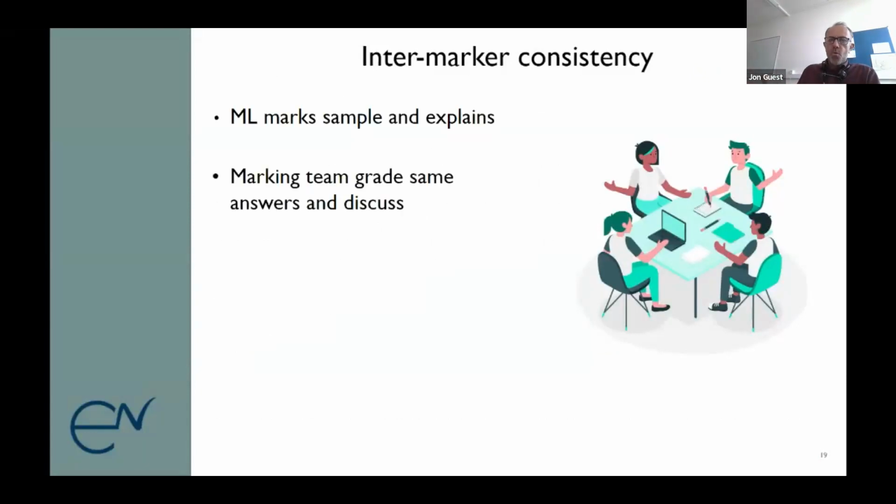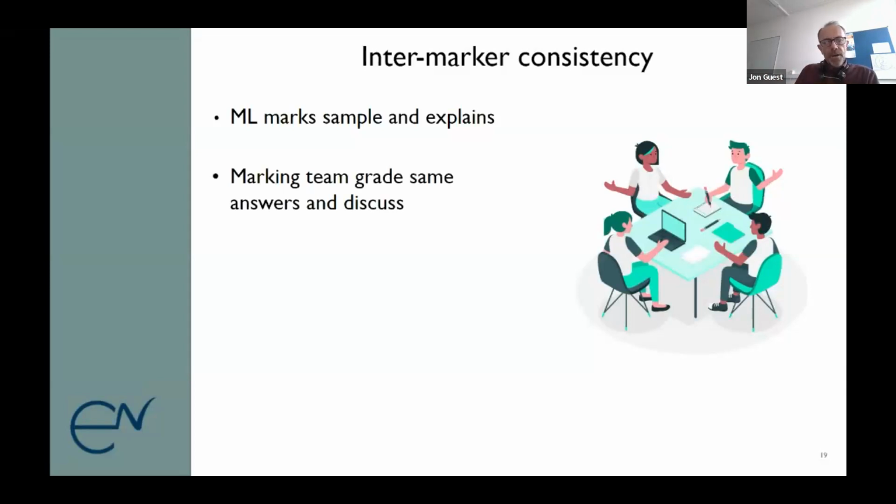In a more ideal world, we would get people together, maybe online or physically, marking and grading the same answers and discussing why they gave the grade that they did, so we can get a better appreciation of what we're looking for when we're marking, and in particular, as teaching assistants, you can then get to discuss with the module leader what they're looking for.